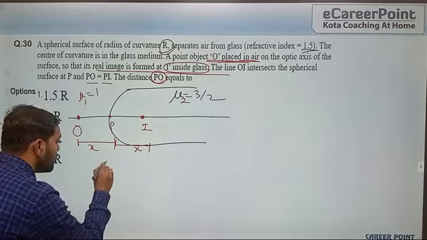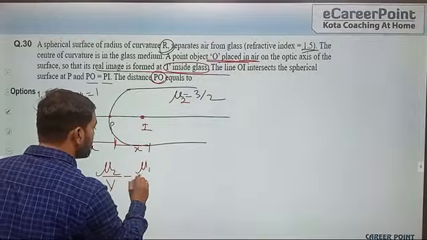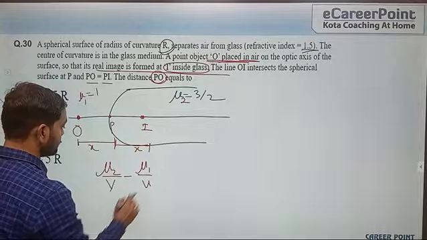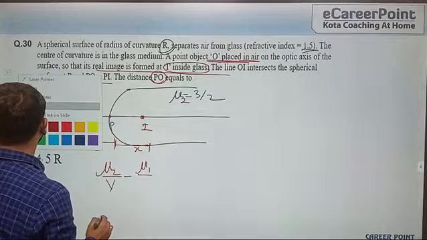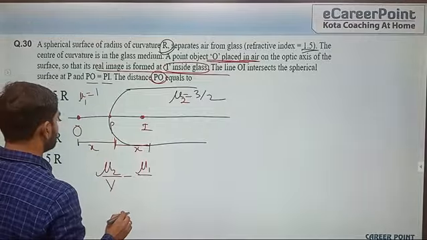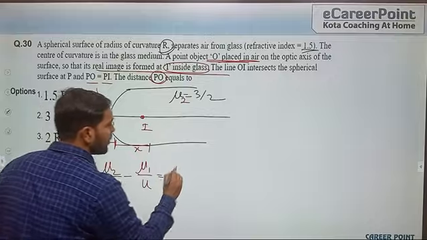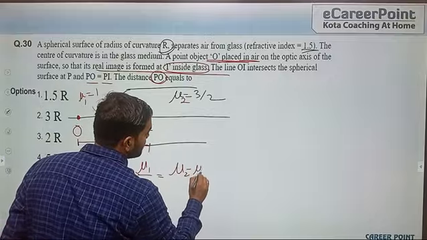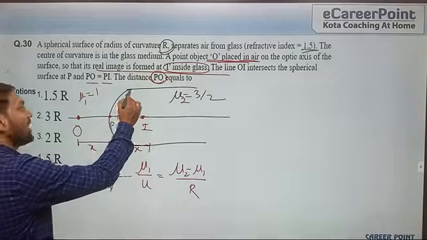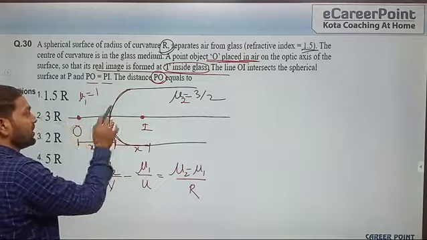It will be equal to mu2 by V minus mu1 by U is equal to mu2 minus mu1 by R. See, here the object is on this side, so incident rays will fall from here to here, and the radius is somewhere here.